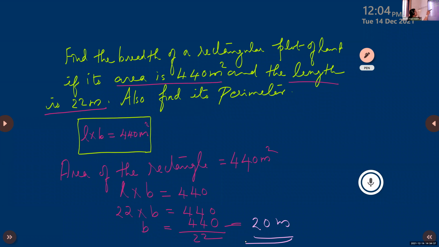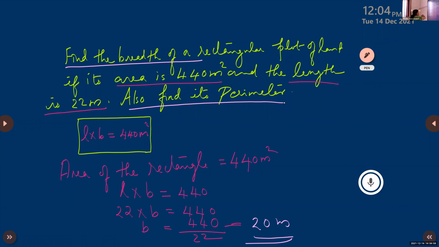So we got breadth, isn't it? Find the breadth, that is the first question. Breadth is equal to 20 meter. What is the next question? To find the perimeter, isn't it?